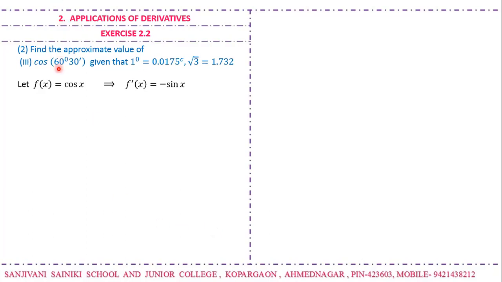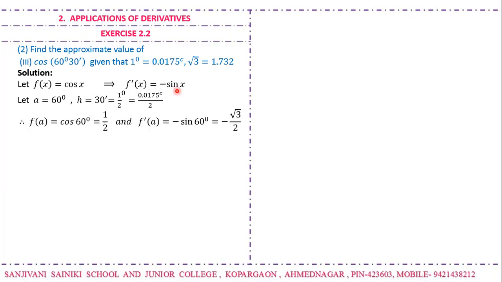Similar to the previous one, cos of 60 degree and 30 minutes. So here we will take a as 60 degree and h as 30 minutes, that is 1 upon 2 degree, but 1 degree is 0.0175, so 30 minutes, 1 upon 2 degree, is same as 0.0175 upon 2 radian. So our function is cos x, so its derivative is minus sin x. We will find the value of f of x and f dash of x at x is equal to 60 degree.